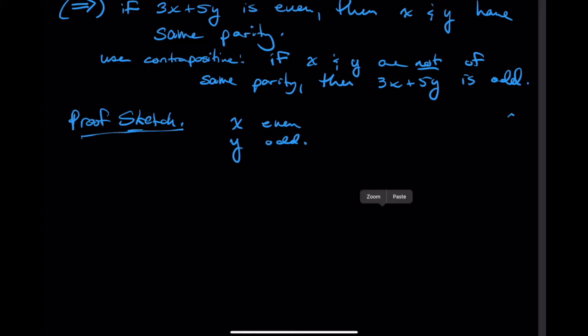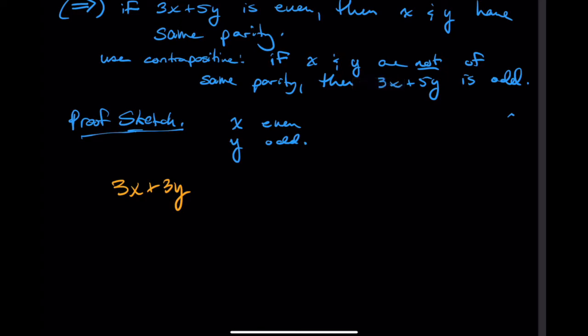And since these are being multiplied by different integers, what I mean is 3 is multiplying x, 5 is multiplying y, we can't just do one case and say without loss of generality. If it said something like 3x plus 3y, and then we had to do opposite parity, we could just do one case where x is even, y is odd, and then say without loss of generality, it's going to be the same for x odd, y even.